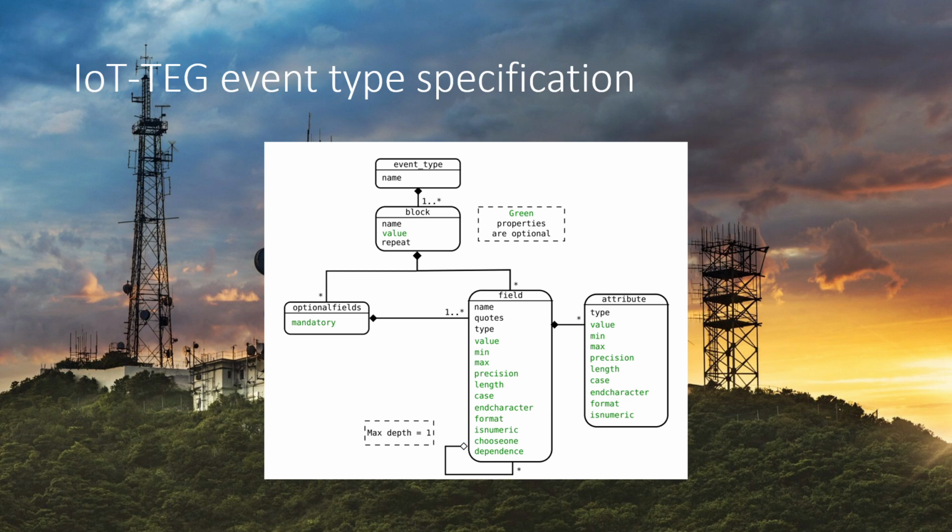Format is numeric, choose name, dependence. The max diff is equal to 1. And there is an attribute which has the type, value, min, max, precision, length, case, and character. Format is numeric. This is how a certain event is specified in the IoT-TEG.